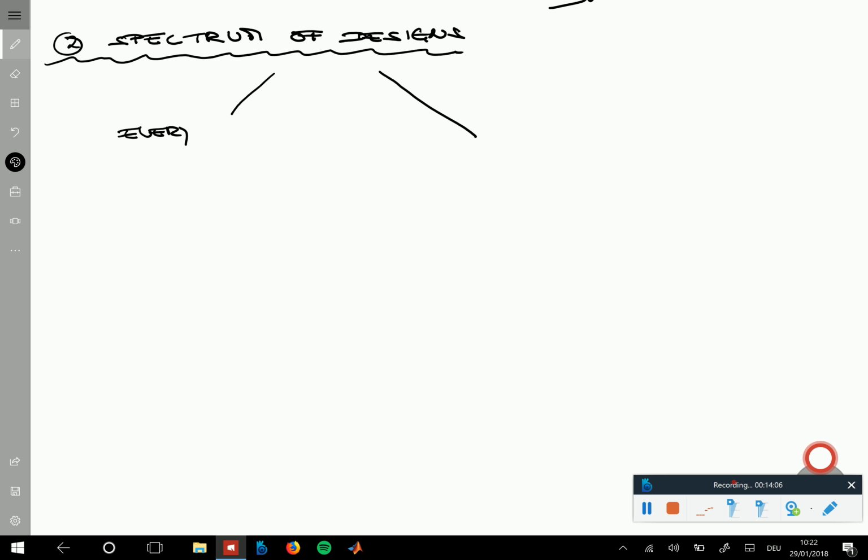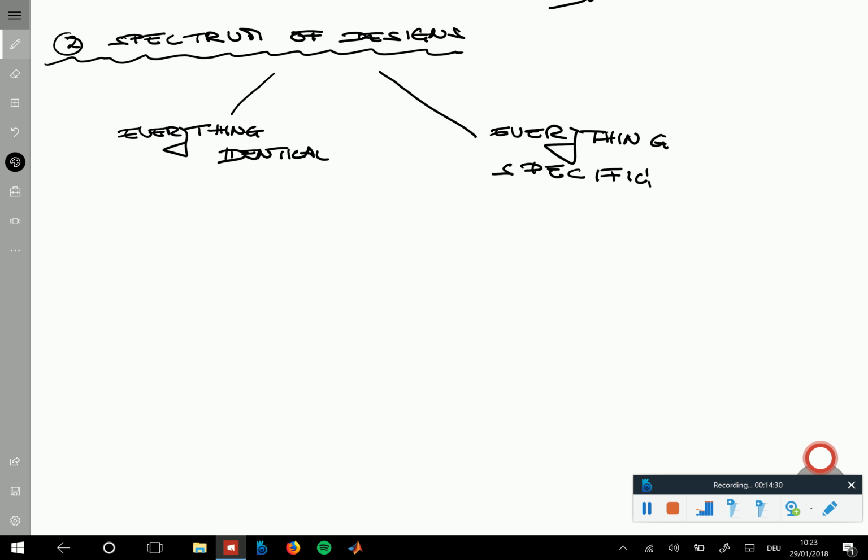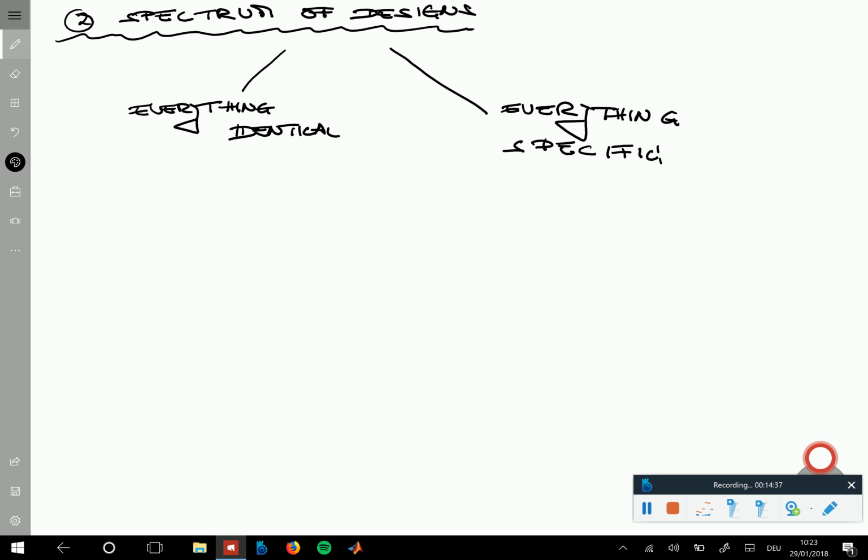Everything identical versus everything specific, whatever that means, and what it means we will see in a second. The one where everything is identical we have actually seen before, the case that we discussed just moments ago, where one just views the entire sample as a sample from one univariate Gaussian distribution.